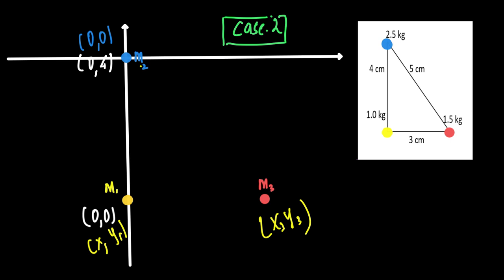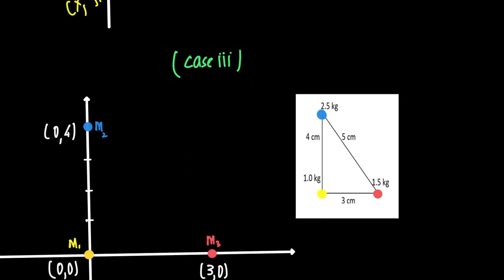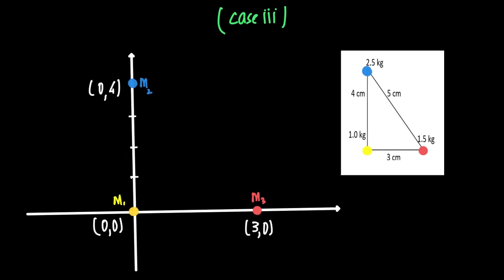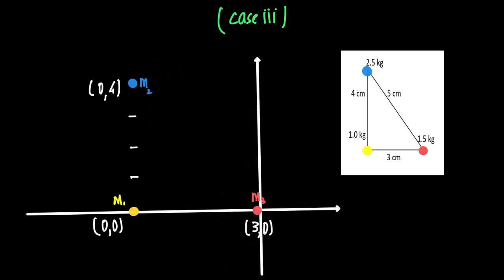So try doing it on your own, and if you don't get it, go forward to the next solution. So what will be case 3? Think of it. What was case 1? m1 as the origin. What was case 2? Exactly, m2 as the origin. So what would be case 3? Case 3 would be m3 as the origin.